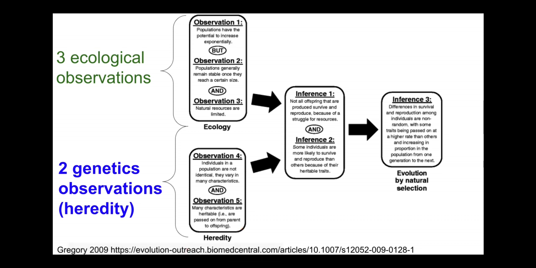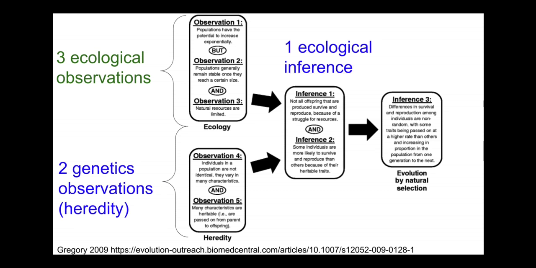So there's variation, and then also many characteristics, many traits are heritable. This observation was primarily carried out in Darwin's time through breeding organisms and seeing how, in farm animals and in pets, an animal resembled its parents. Same thing in humans.